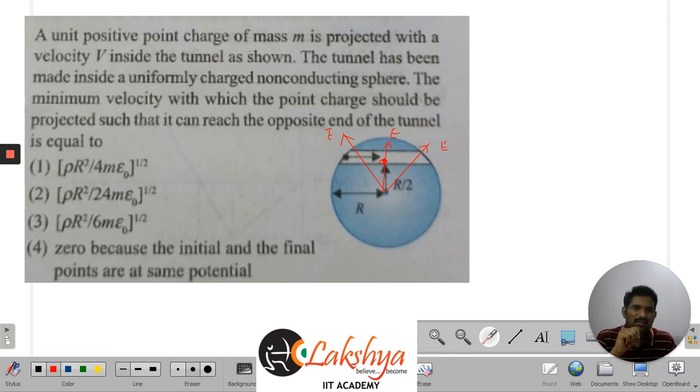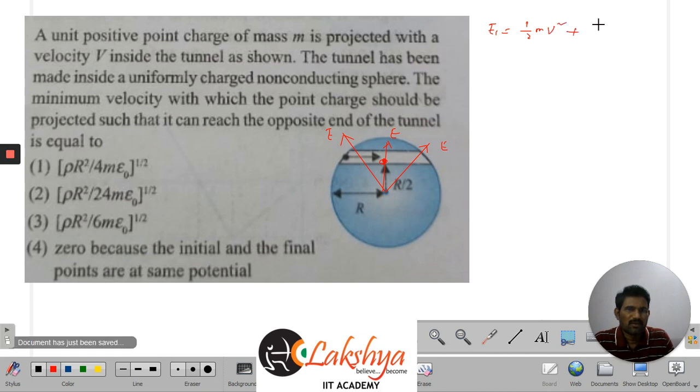The important thing here is the potential inside the sphere. When writing the potential on the surface, I will write the energy terms so that you can do the remaining calculations. The initial energy I am writing as half mv square plus 1 by 4 pi epsilon naught into q by r, the potential energy.